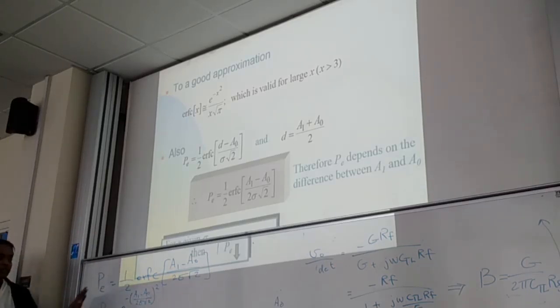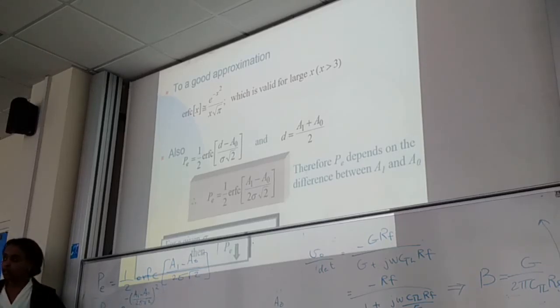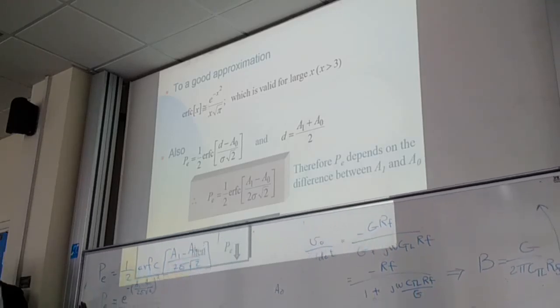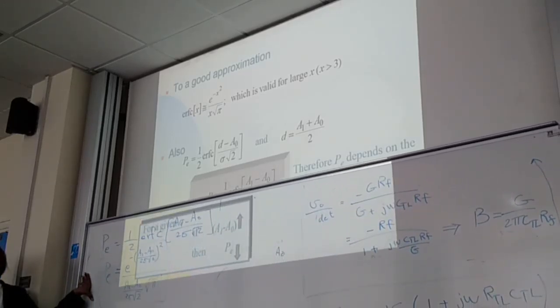So if you were given A1 and A0 and the variance of the Gaussian distribution, you can give us the bit error rate using this formula. So what does that mean in terms of the values that we should use for A1 and A0 and sigma? If we want to reduce the bit error rate, what should we do with A1 and A0, or what should we do with the difference between them?